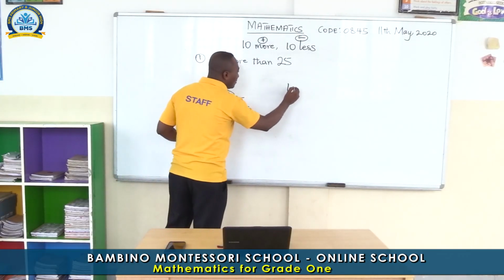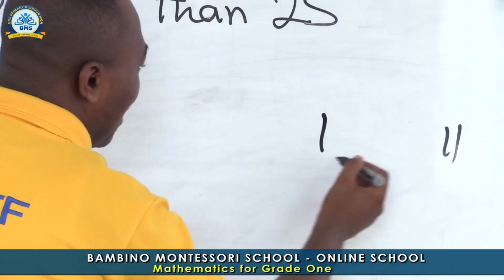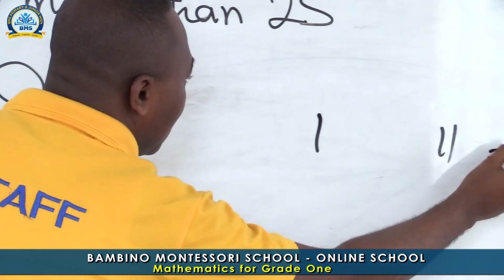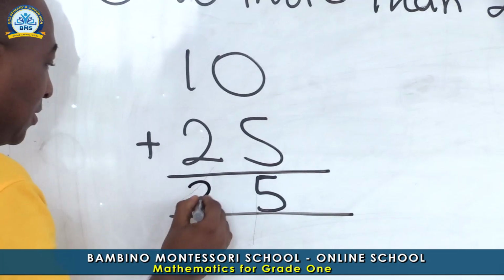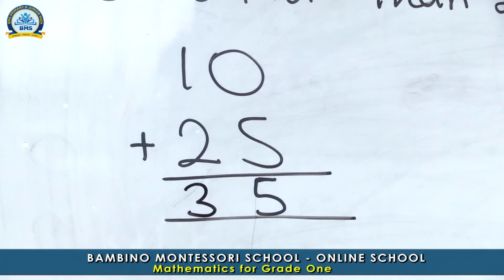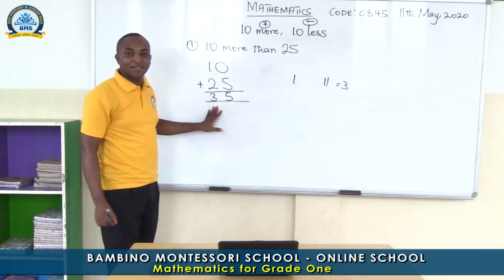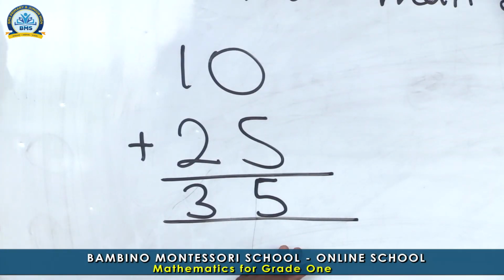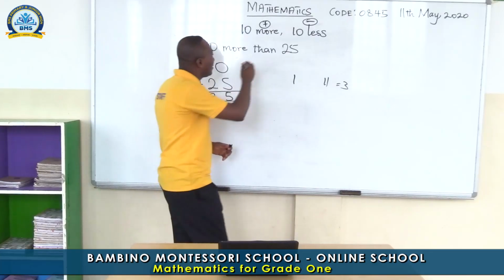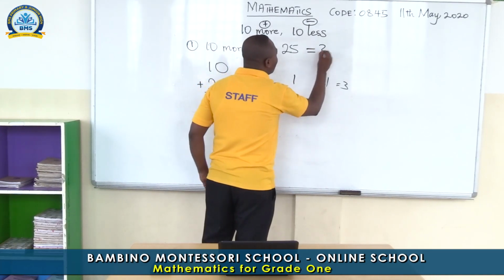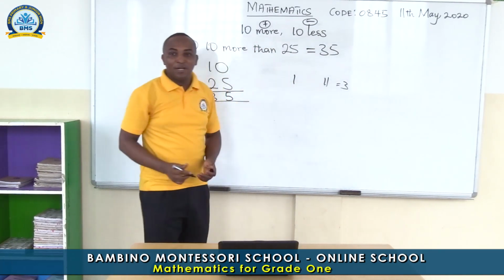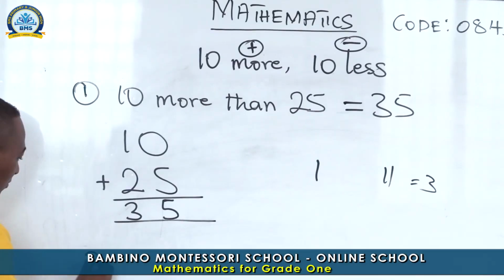That's 1 plus 2. If you count, you get what? 3. So the answer here is 3. So 10 more than 25 is 35. Is that right? So 10 more than 25 is equal to 35. Let's look at another example.